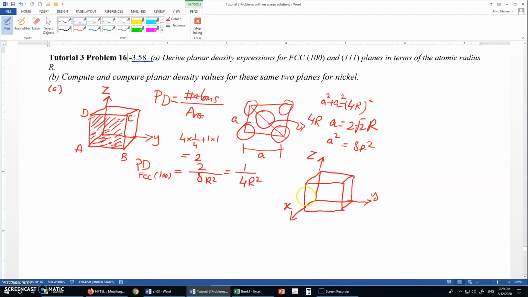So what is the 111 plane? One of the points is here, one of the points is here, and one of the points is here, and then this will be this triangular plane.